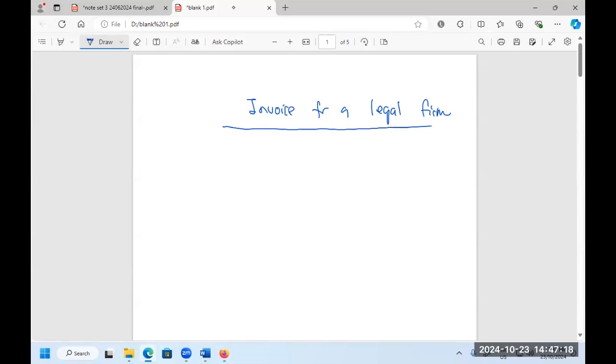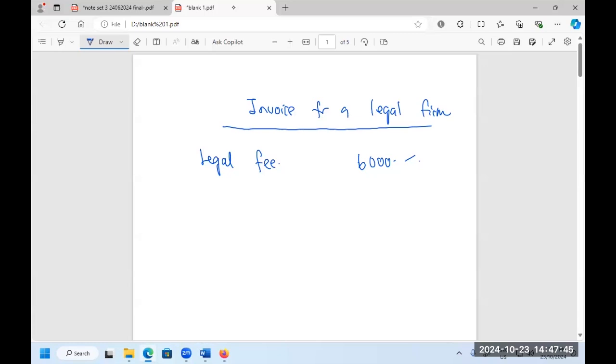The legal firm will invoice the customer a legal fee. Let's say 6,000. Why do they charge a legal fee of 6,000? Because they are charging for transferring the title of the property to another person. So they charge a legal fee.